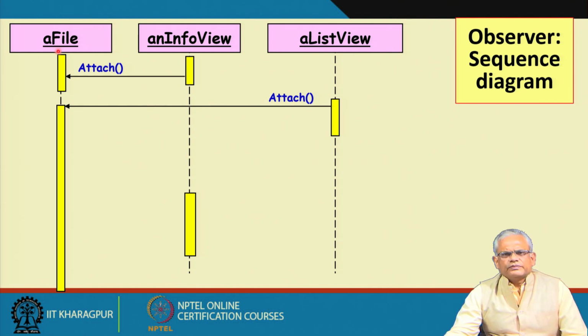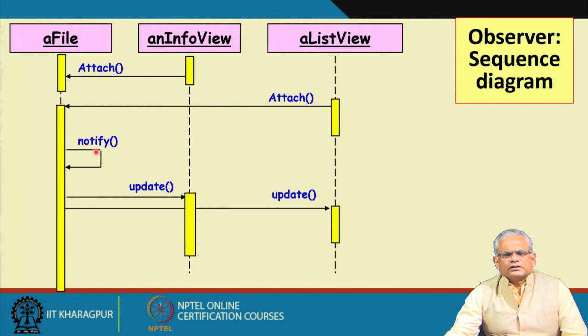The file keeps track of these different views of the observer, and then as a change occurs to the file, it calls the notify method on itself, and then the update method is called on the different observers, and then the observers may request the getState, it returns the state and then they change their own state, and the observer and the model get synchronized.